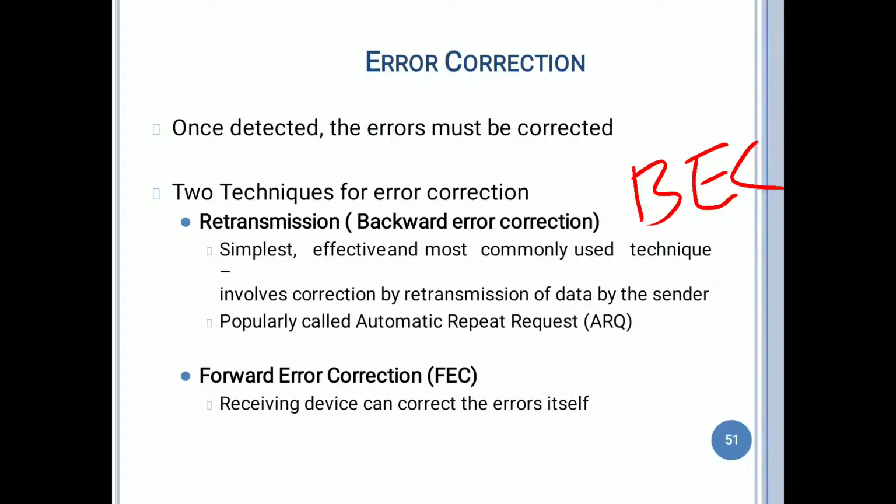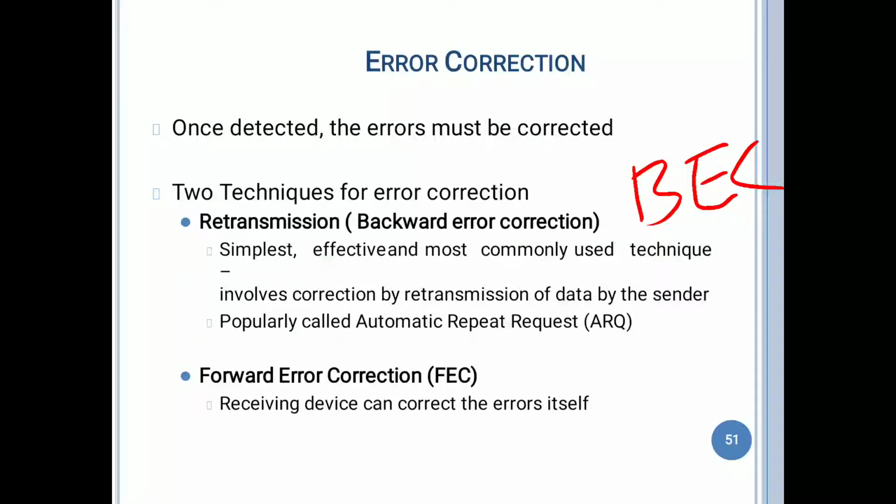So that is one of the techniques, and the second one is forward error correction. In retransmission, at the receiver side the error is only detected but not corrected, so it requests the sender to retransmit again. The sender retransmits the data and the correct data is received by the receiver.